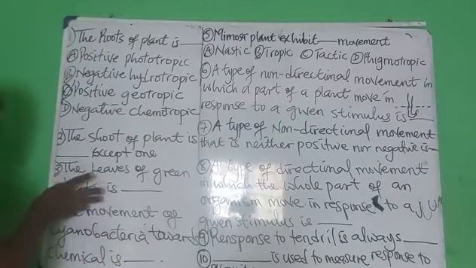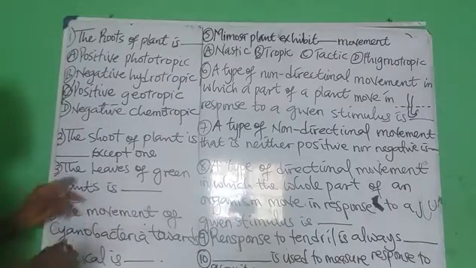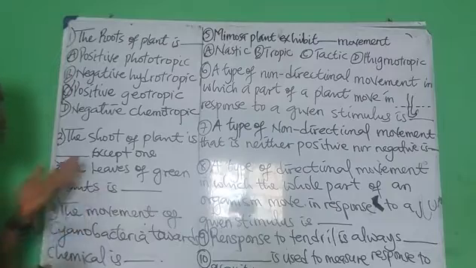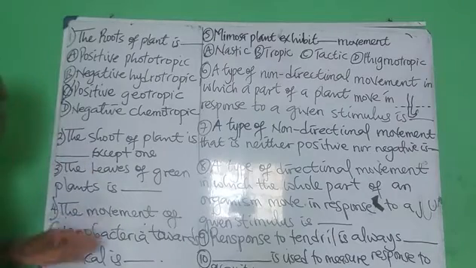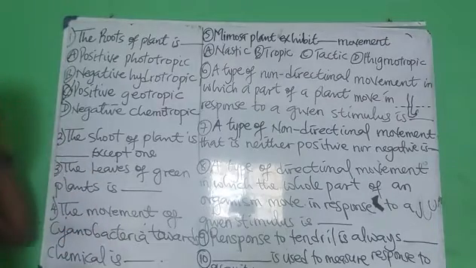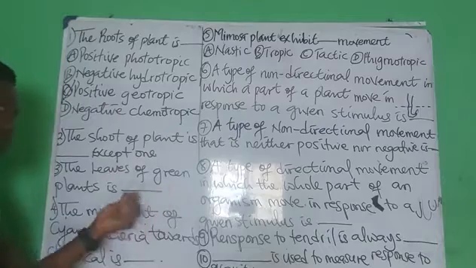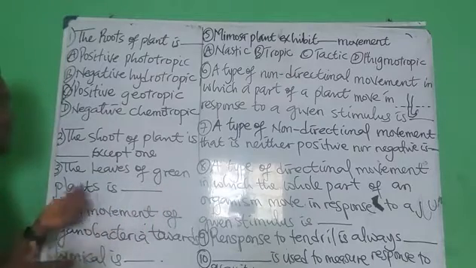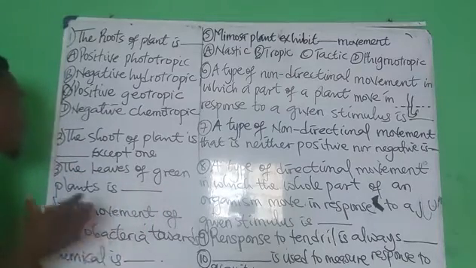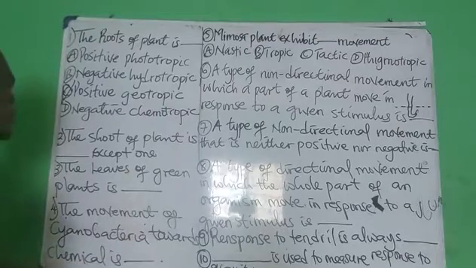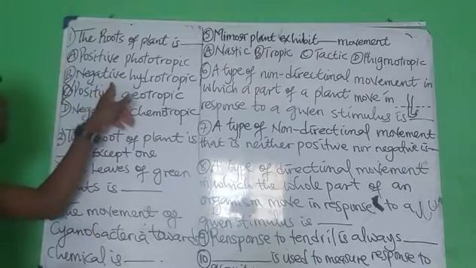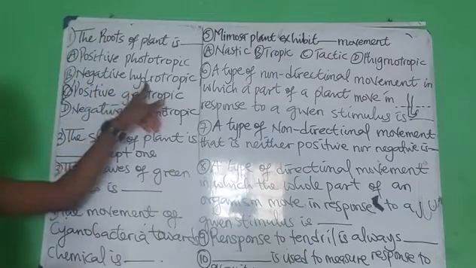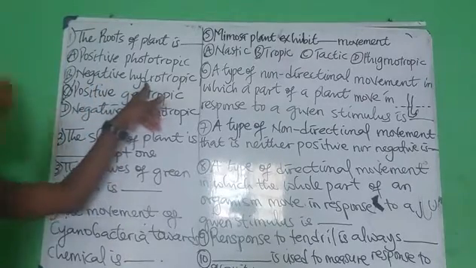We are using the same options for question 3. The leaves of green plants are always positive phototropic. I say green plants to be specific, because only green plants photosynthesize. The leaves are also negative hydrotropic, because they grow upward.